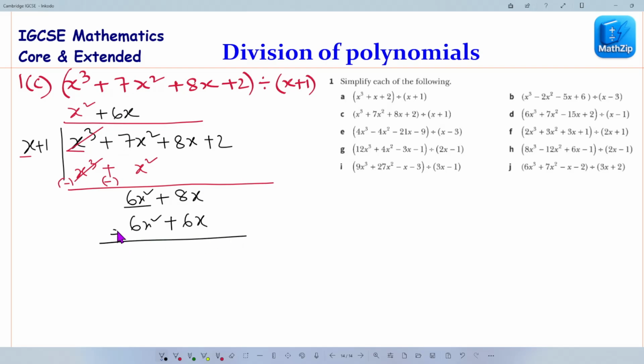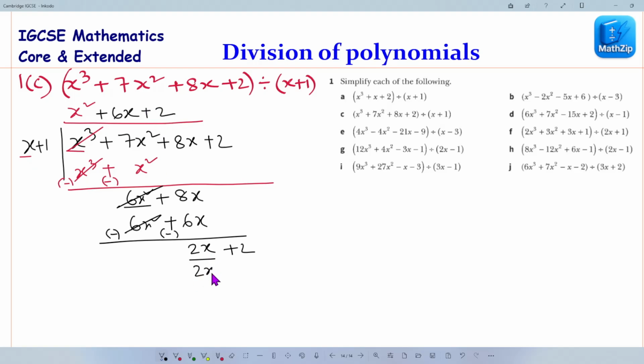So again minus, 6x square minus 6x square out. So 8x minus 6x will be 2x, right? And here is 2. Now look, this one is 2x. Once we divide by x, here will be plus 2.